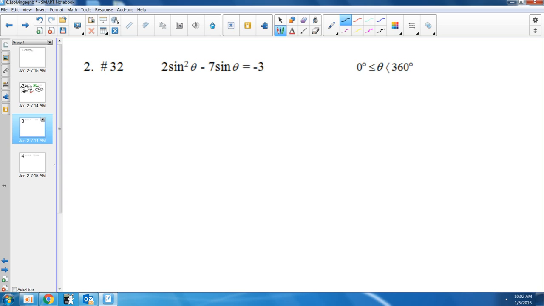So on this one, we're going to say 2 sine squared theta minus 7 sine theta plus 3 equals 0. I'm looking to see, can I take anything out of these three terms? No, I can't. Now I go ahead and factor it.